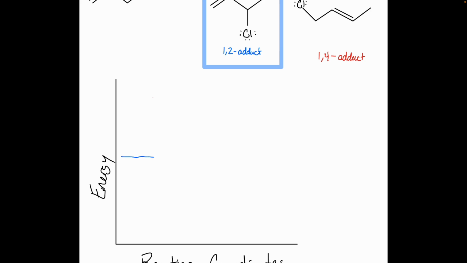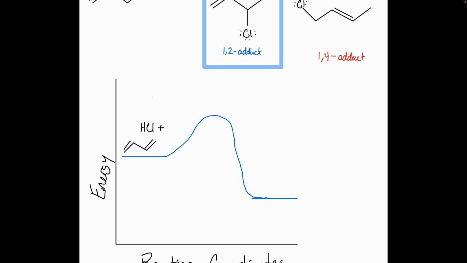All right, so my reactant energy level, it's right here. And my products are at a lower energy level down here. And we've got our activation energy barrier in the middle. All right, so over here are my reactants, my 1,3-butadiene and HCl.